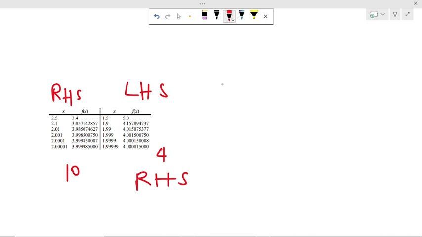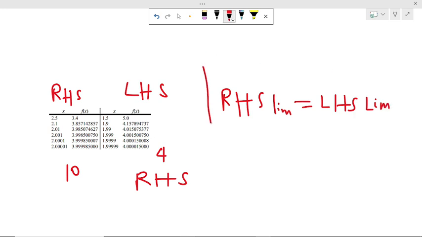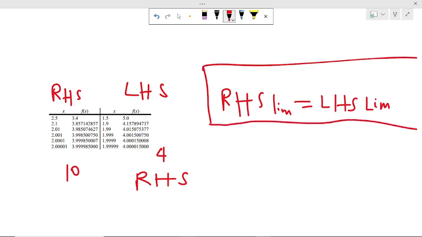So for a limit to exist, the right hand side limit of that function should be equal to the left hand side limit of that same function. Please note this down.